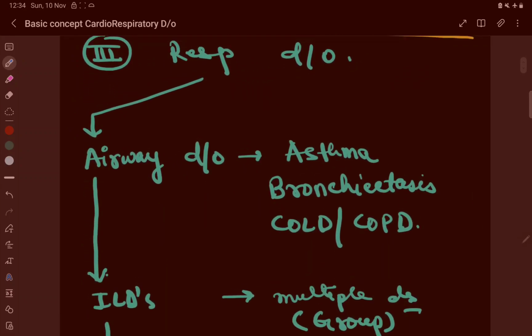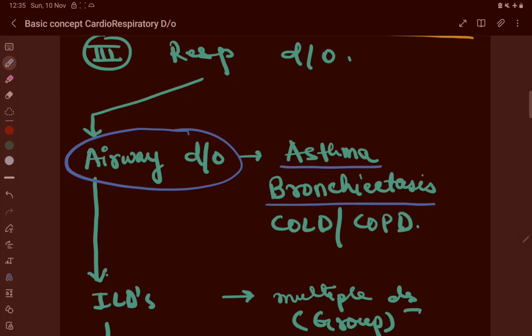Now the respiratory disorders, I don't know what you have studied or what's there in the syllabus, but basically are only cough and asthma. Cough is a symptom, so we'll discuss later. In the respiratory disorders we are going to discuss the airway disorders. Here there is asthma, bronchiectasis and COLD or COPD.